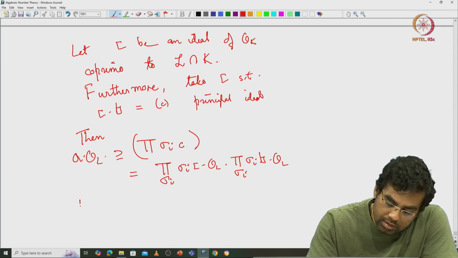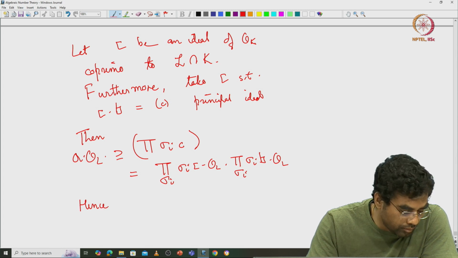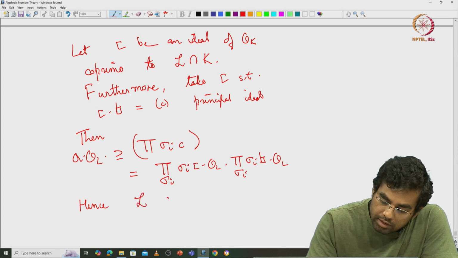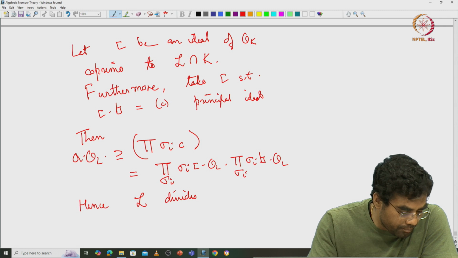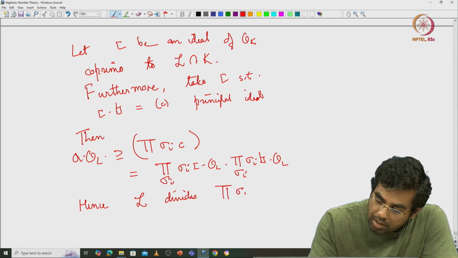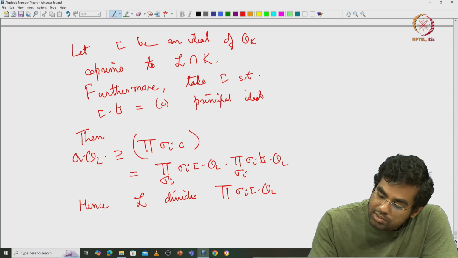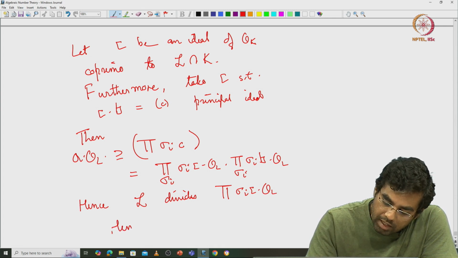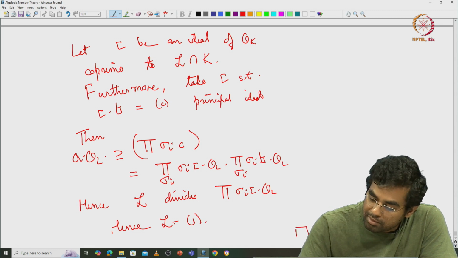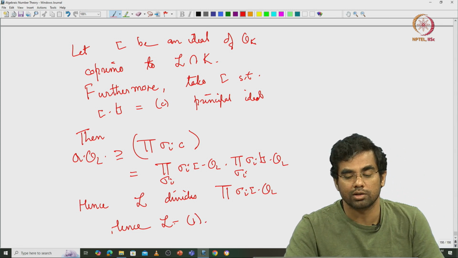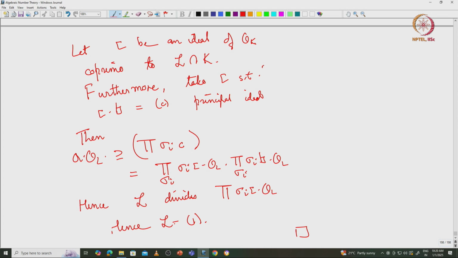And hence L divides this ideal sigma I C times OL. But it is co-prime to that. So, hence L is equal to 1. That is a bit hurried, but that is the proof. You can try to go over this. Let me just end with this remark that this uses the finiteness of the class group.